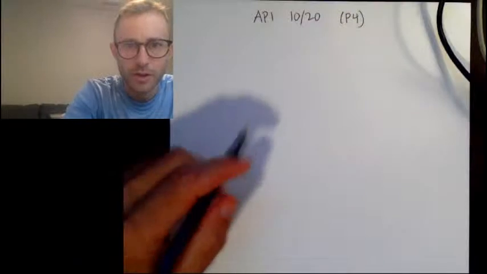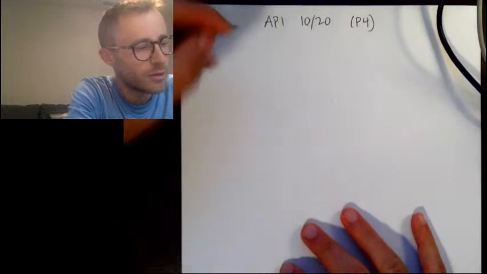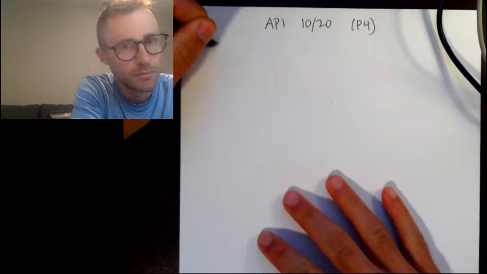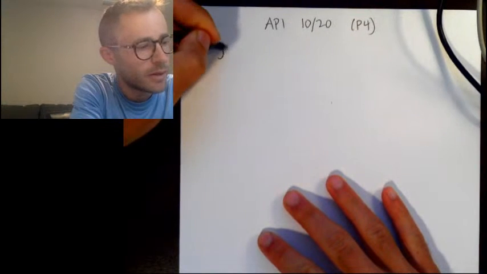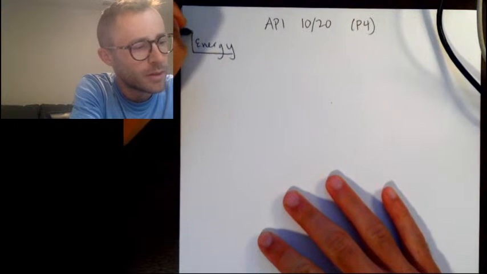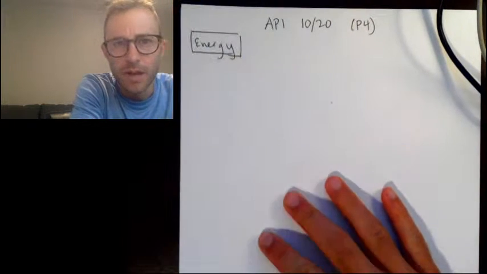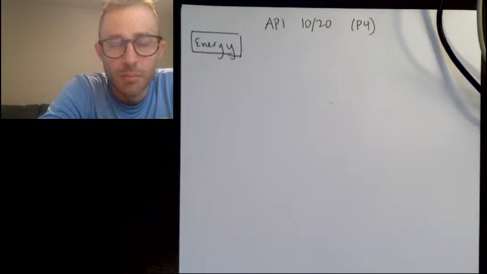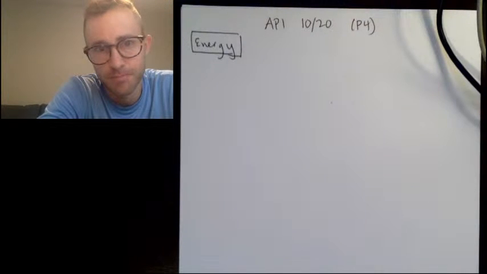Okay, so we are moving on from forces today, and our next topic is called energy. Energy is basically a number that tells you what can happen and what cannot happen.